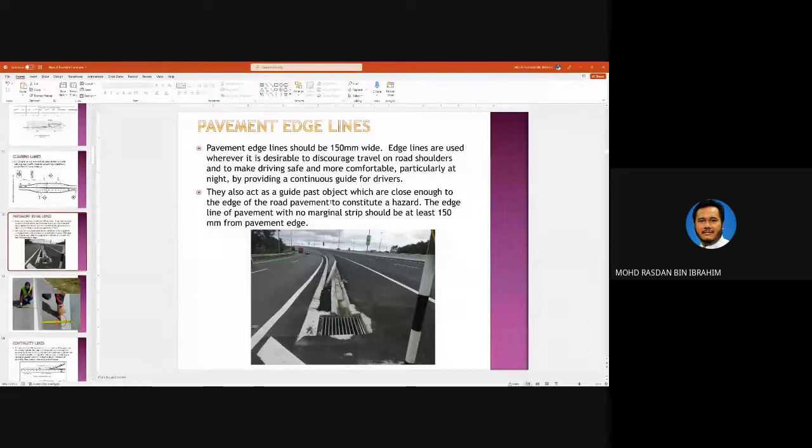The distance between the edge line and the actual edge of the pavement is 150 millimeters. So adding the width of the pavement edge line and the distance between the edge of the pavement and the line, you have 1 feet, 30 mm.